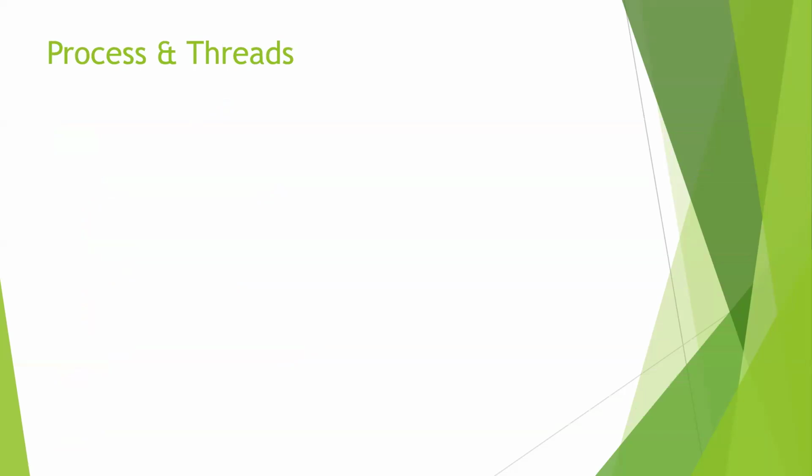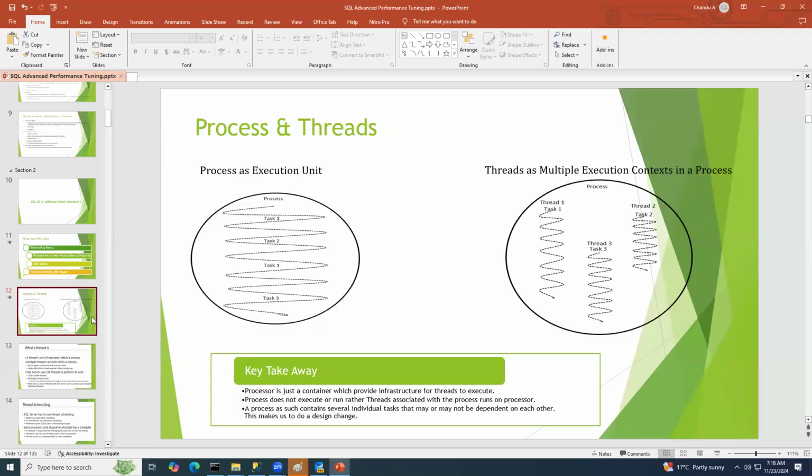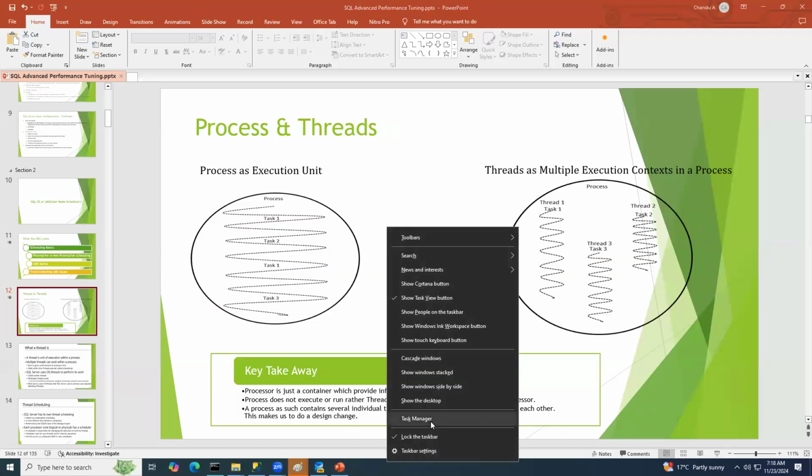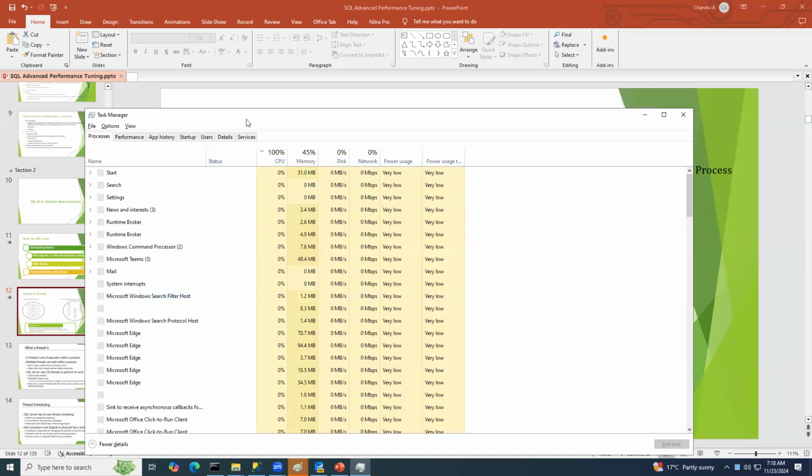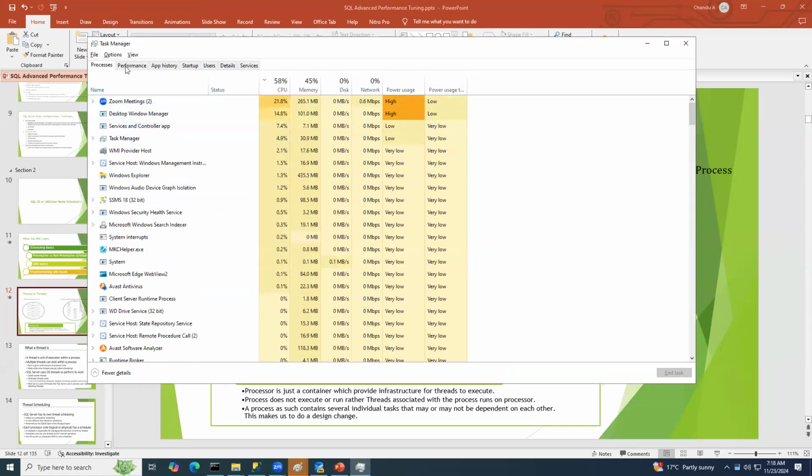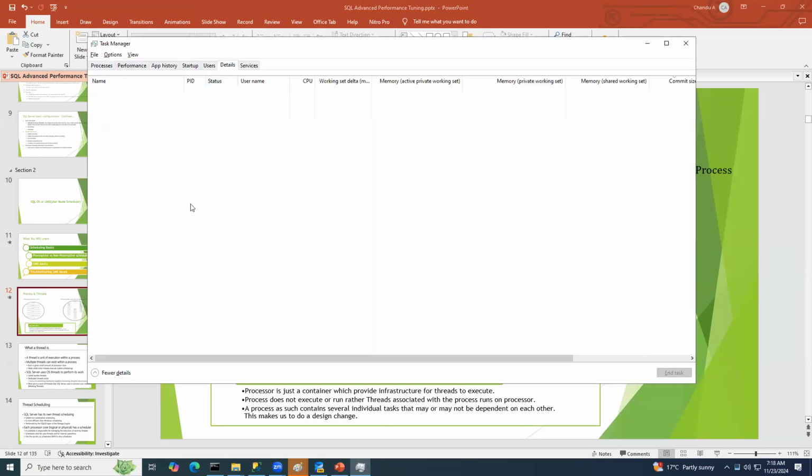So in simple terminology, in layman's terms, a process is nothing but an application that you are executing on the server, that you have installed on the server. Let's say you have a SQL Server installed on this computer. Go to the Task Manager, details.